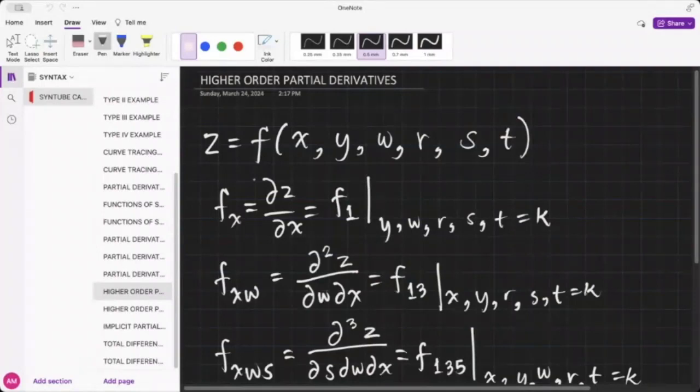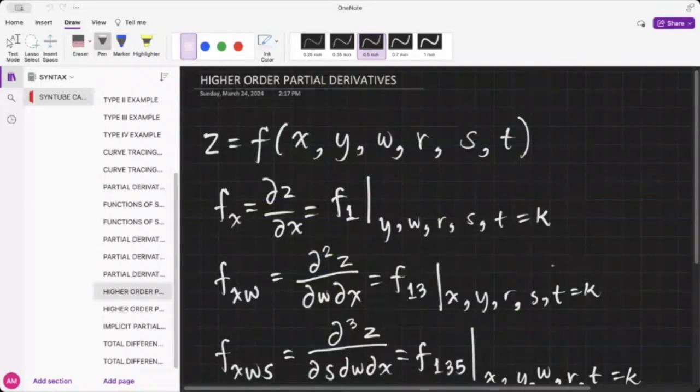Kasi, for example, you first want to get the partial derivative of the function z with respect to x. So, ito yung notation nun. And same as dito, f of 1 kasi first variable yung x. And everything else, lahat ng other variables, constant yan. So, ganyan yan.